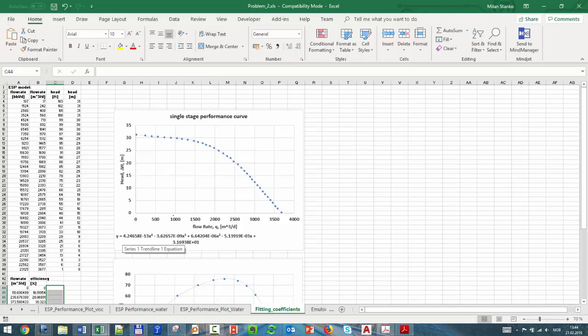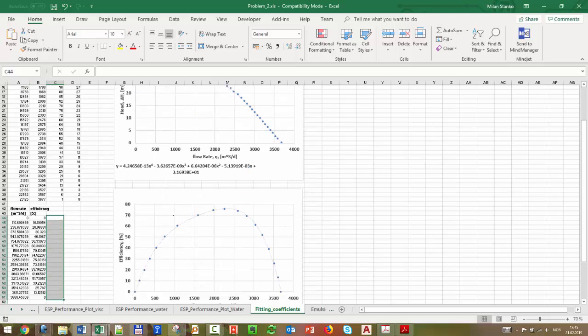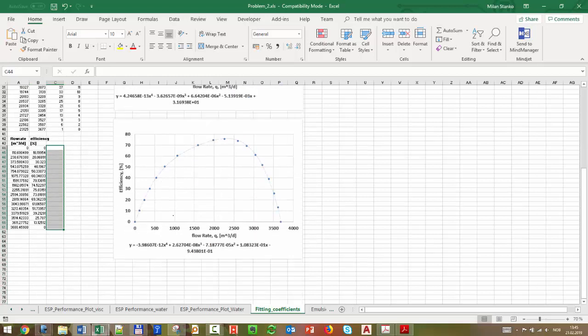So these A1, A2, and A3 are basically the coefficients of the polynomial to describe, if I change the rate, what is the delta P I get? And I have another approximation, another polynomial, for the hydraulic efficiency. So those are all the polynomials you have. I think A1 is for the head, and then B or C is for the efficiency.